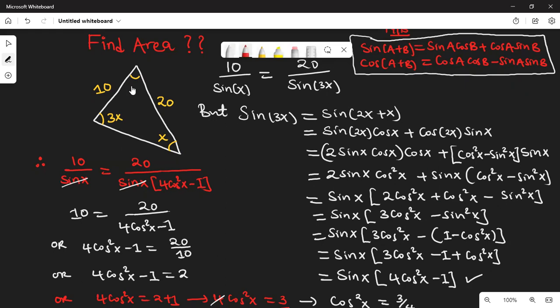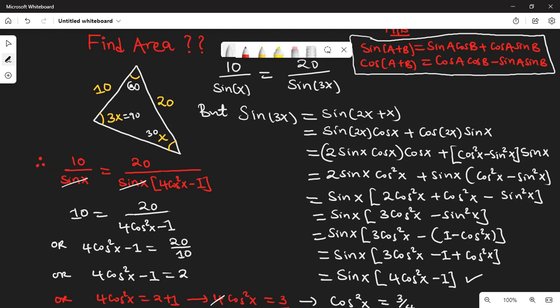This is 30, because that is x. 3x is the same as 90. So 30 plus 90 is 120. So the angle here must be 180 minus 120, that is 60.